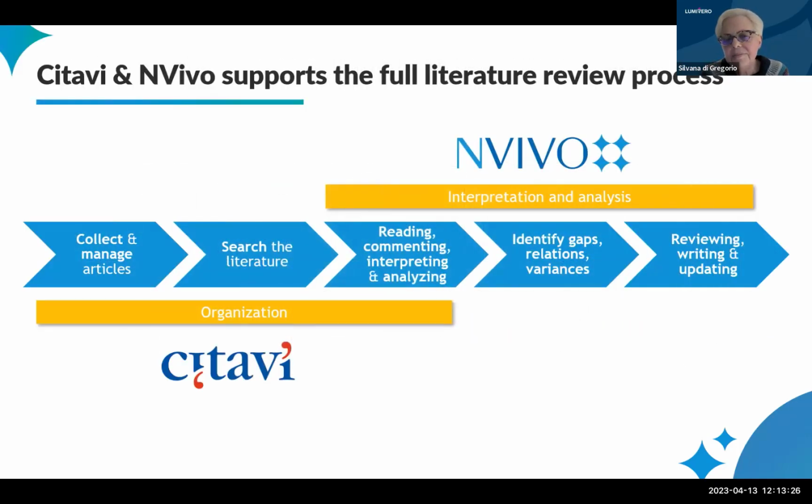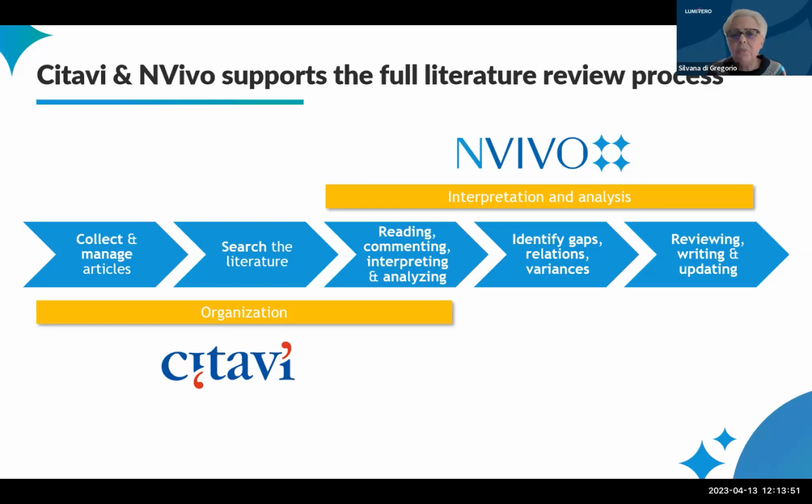And yeah, that's what that shows. And you can see there's an overlap between Citavi and NVivo. So basically you're starting the basic evaluation of, for example, each piece of literature that you have in Citavi and commenting on that, and also putting it together in an organized way, in an outline form.